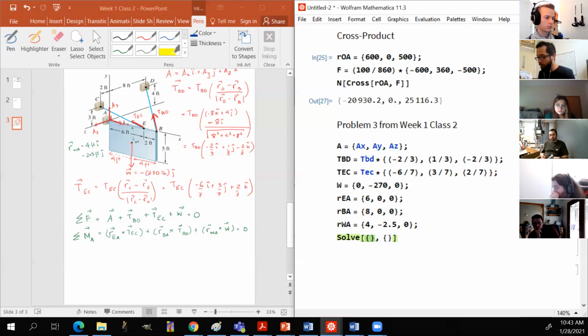So here, what's my first expression? My first expression is that this vector A plus the vector TBD plus the vector TEC, and these are all the vectors that we defined up above, right? Plus the vector W is equal to 0. Now, with coding, usually when you have one equal sign, that means you're forcing things to be equal.